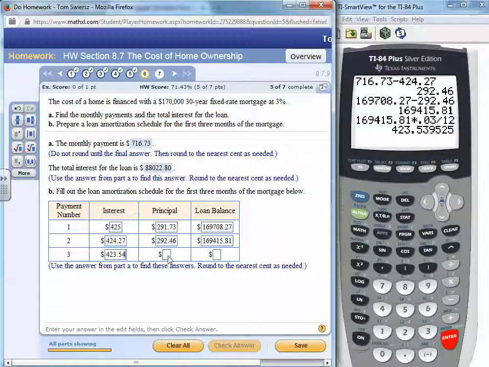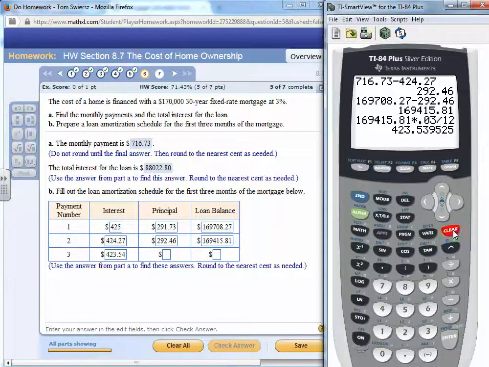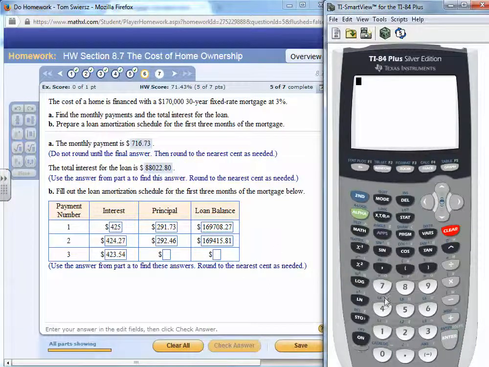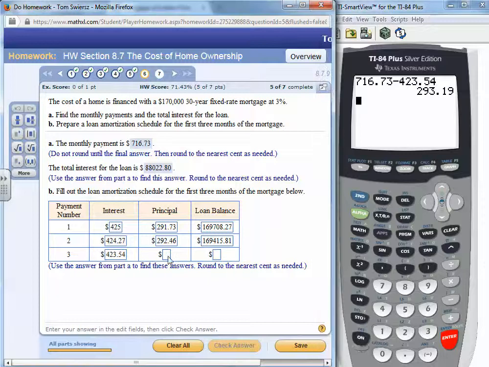Now what goes towards principal? Remember, we take the payment, 716.73, minus the interest, 423.54 for this month, and what remains is 293.19. That goes towards principal.